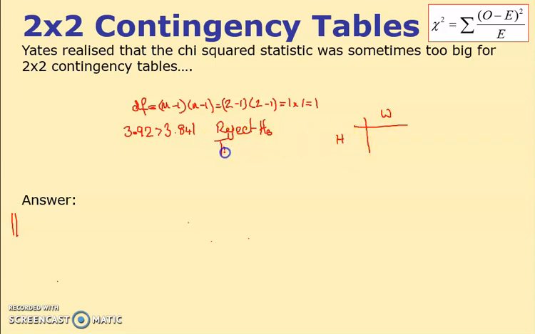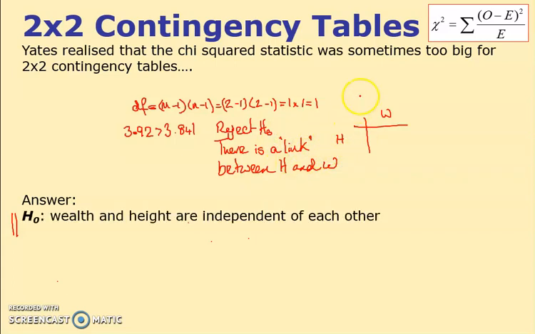We would actually say there is, if you like, a link between them, a link between height and wealth. Now a link's not a very good way of writing it, but that's perhaps a way of describing it for us.